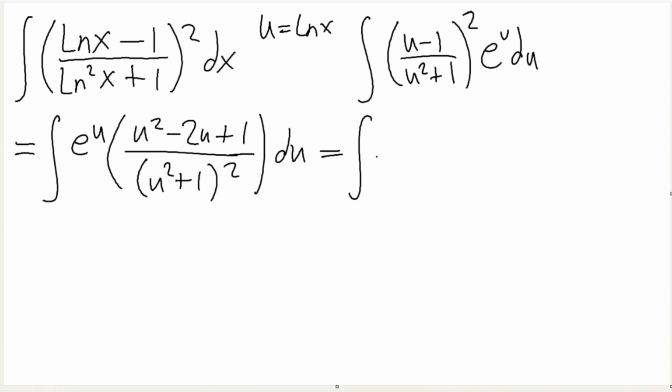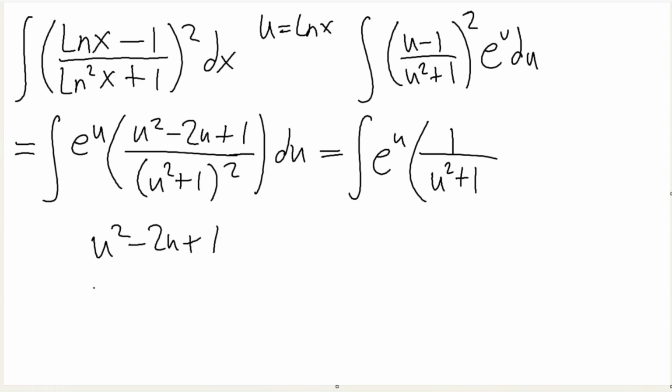With u squared plus 1, I want to cancel that out. So pretty much what I'm doing is, we have this, and I want to split it so as to cancel this out.